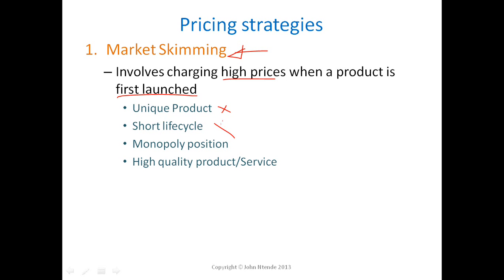Then usually the product must have a short life cycle, so you want to recover much of your costs in the first stages of the life cycle. Then it usually applies when the product or the company has a monopoly position in the market, so it can determine the price. And then the product must be of sufficient quality as to warrant a high price. So that's the basic principle of market skimming. It will mainly apply to technological products or very innovative products.